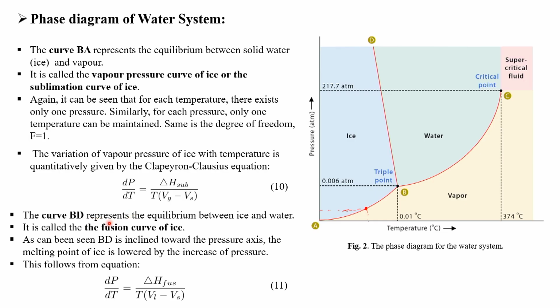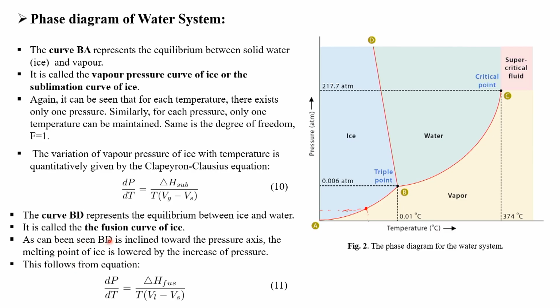Now the curve BD represents the equilibrium between solid ice and liquid water. If we consider this line BD, again it is the coexistence line of solid ice and liquid water, and along this line we get two phases. So the number of degrees of freedom along this line will be 1.